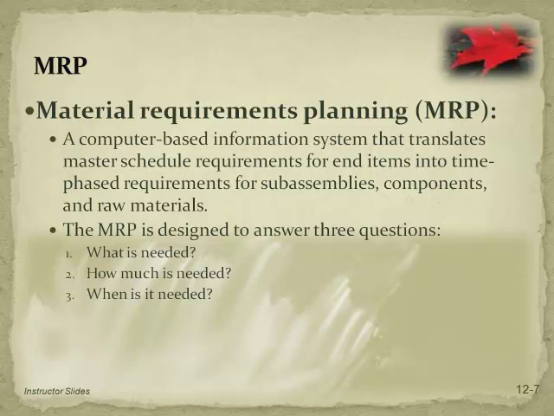Now, there's another question that MRP could possibly answer that we could add to this list as well, and that is, if this material could be acquired from more than one company, who are we going to acquire it from? We refer to that decision as a sourcing decision.